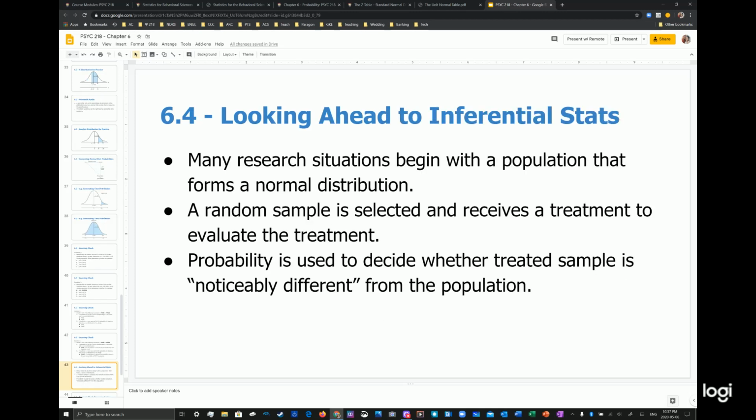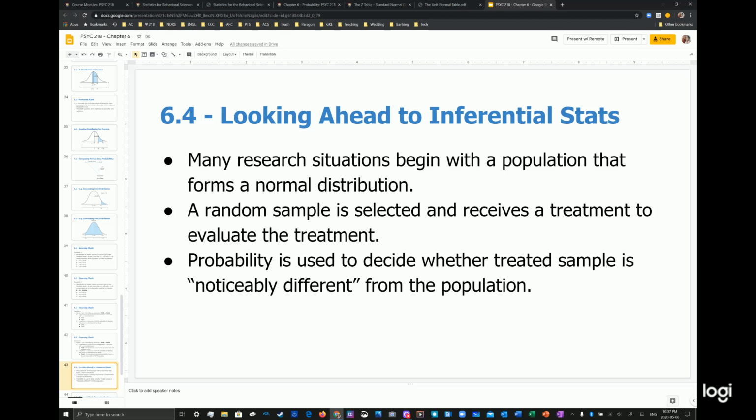Looking ahead to inferential statistics, we would work with probabilities to figure out, for example, how we can compare samples with populations or samples with another sample. Probability is also used for random sampling, where everyone in the population gets an equal chance of being selected as a sample.